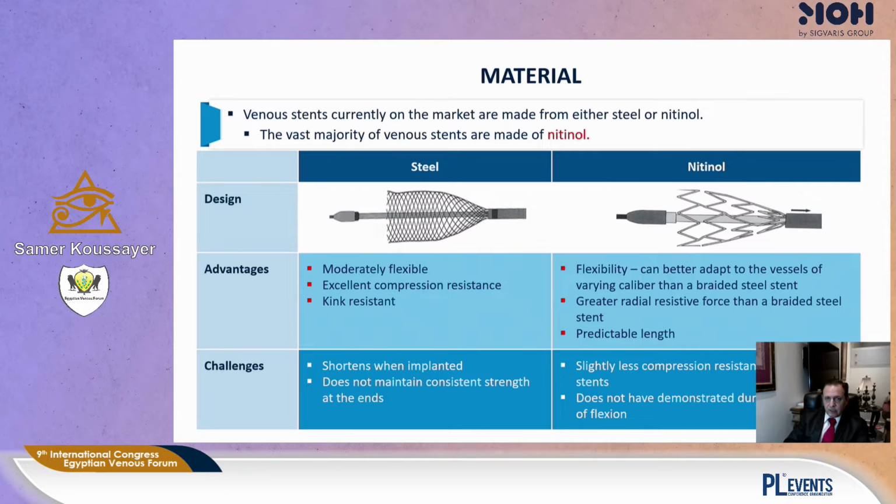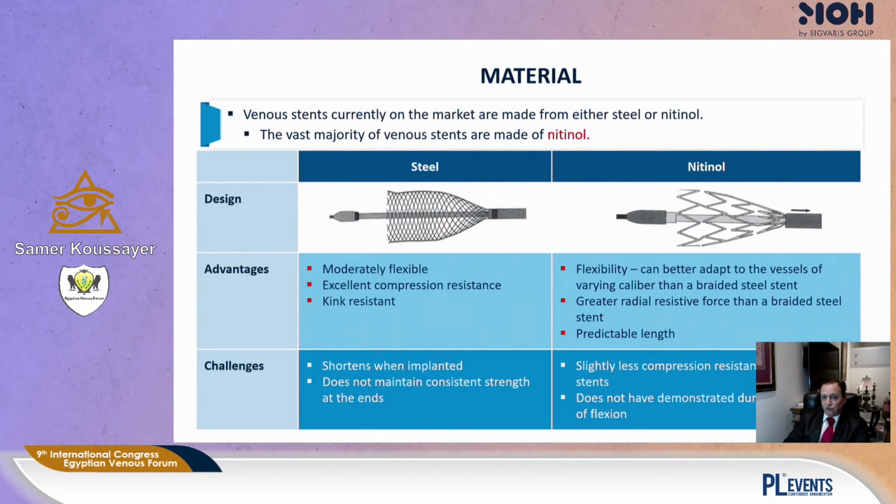Whereas nitinol is more flexible, so it can adapt to vessels of varying caliber better than a braided stent. So if you have to go from 14 or 16 to 12, it can accommodate the difference in the diameter of the vein.